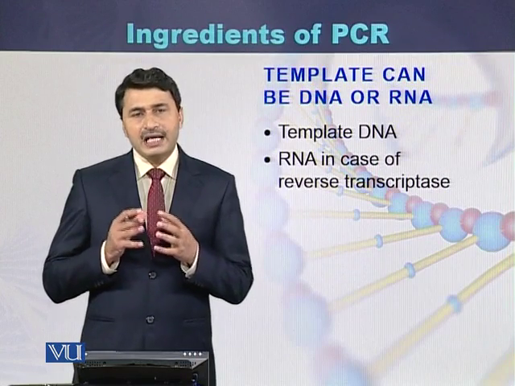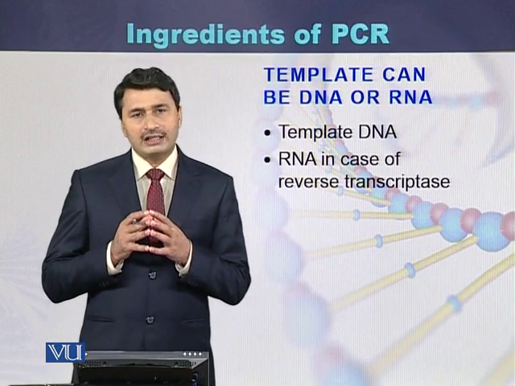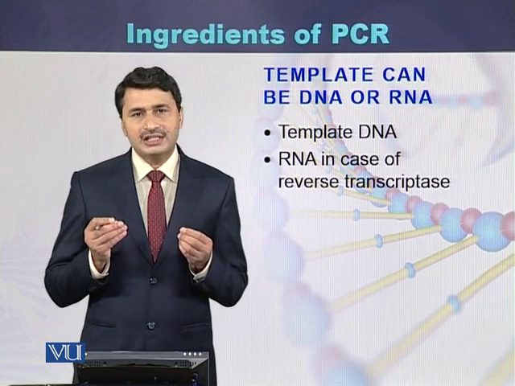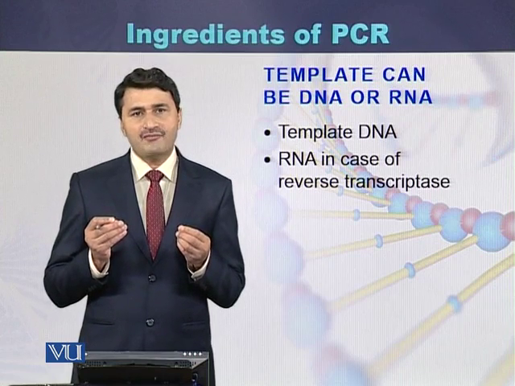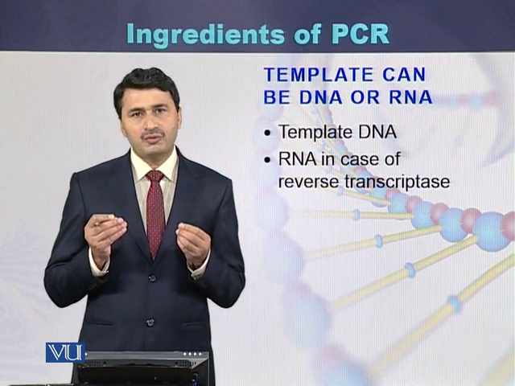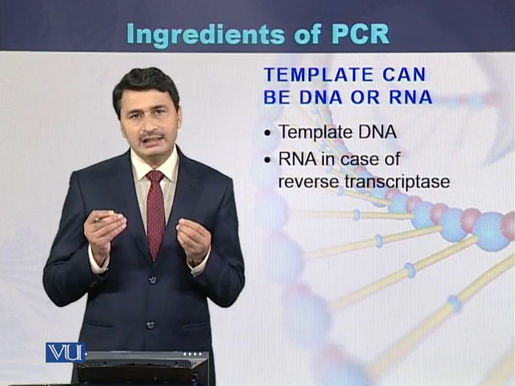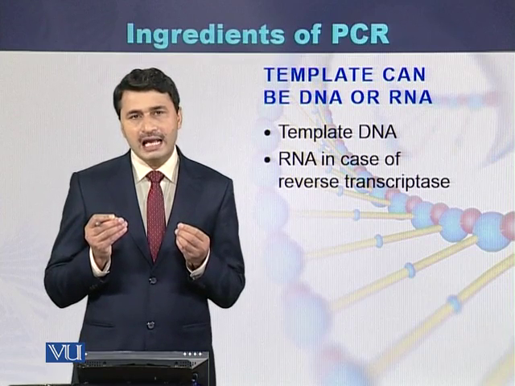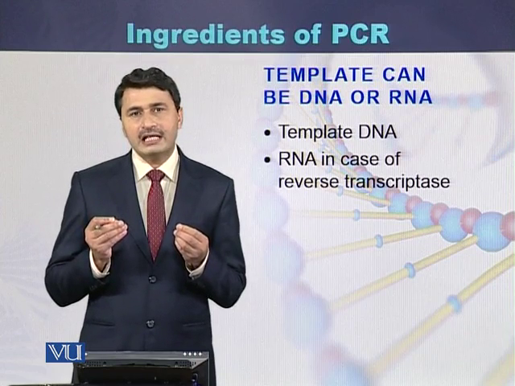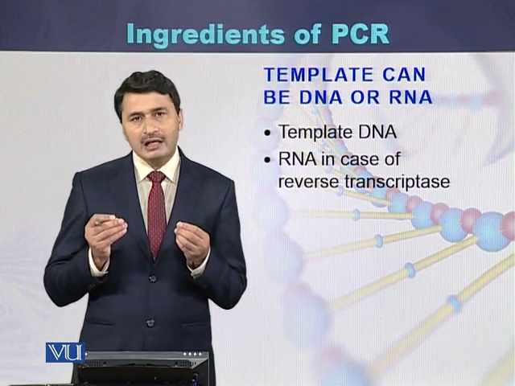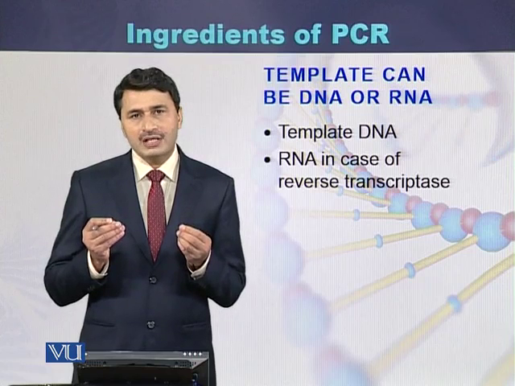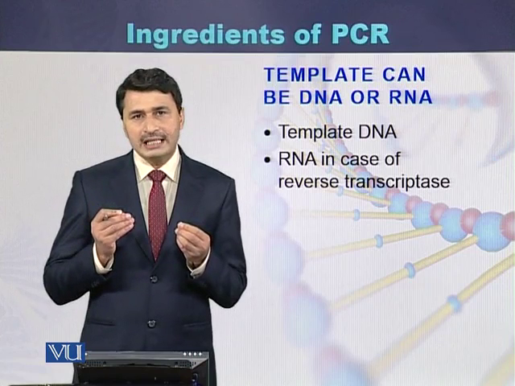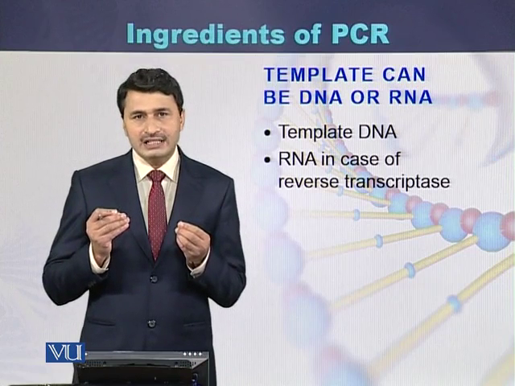If we talk about the template, it can be DNA or it can be RNA. If we have to amplify the DNA, then the DNA which is used to amplify is called template DNA. But RNA can also be the template, because if we have to convert RNA into DNA, then the RNA will be the template.